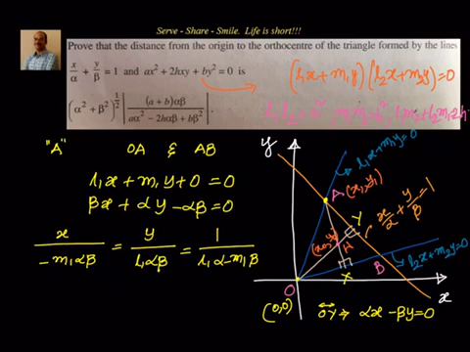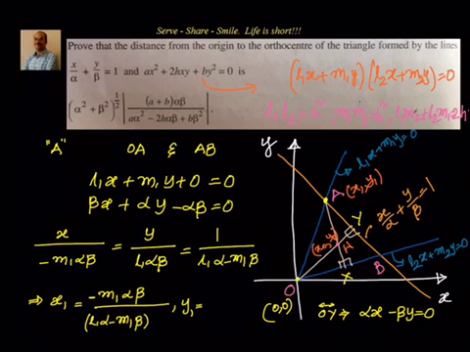So we can write x1 is equal to M1 alpha beta, I take that negative and multiply, or I can keep it as minus, divided by L1 alpha minus M1 beta, and y1 is equal to L1 alpha beta divided by L1 alpha minus M1 beta.